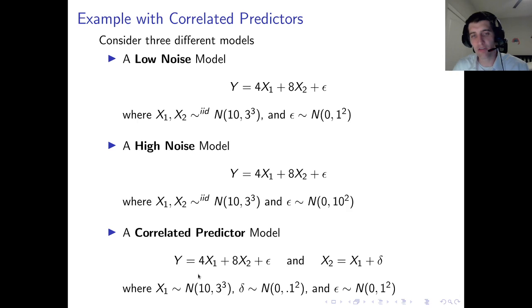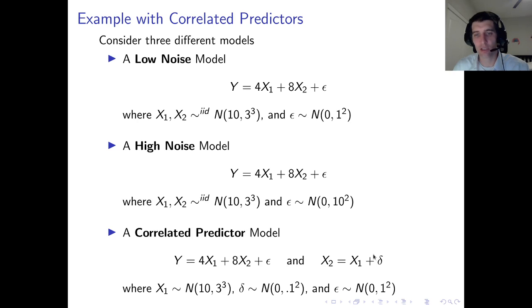But instead of generating x1 and x2 independently, I'm going to generate x1 as I did before, and I'm going to generate x2 by adding just a little bit of noise to x1, this delta term. So with this last model, I'm constructing predictors which are going to be highly correlated. They're going to say almost the same thing, but there's going to be some slight noise between them.